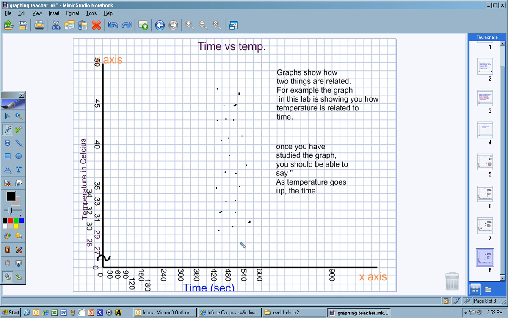This last graph talks about the fact that there's no data for low temperature, low time, and there's no high temperature, high time. In fact, all of the data is right here in this column.